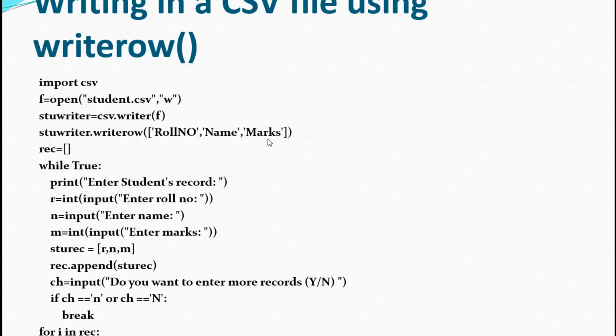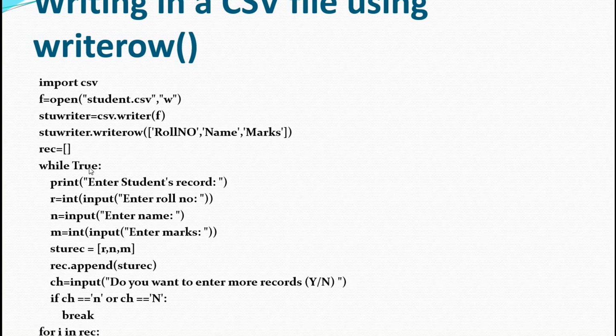These three are the field names, meaning column names, written in quotes in a list. So we need to take three values from the user: one for roll number, second for name and third for marks. The initial value of rec is a blank list.